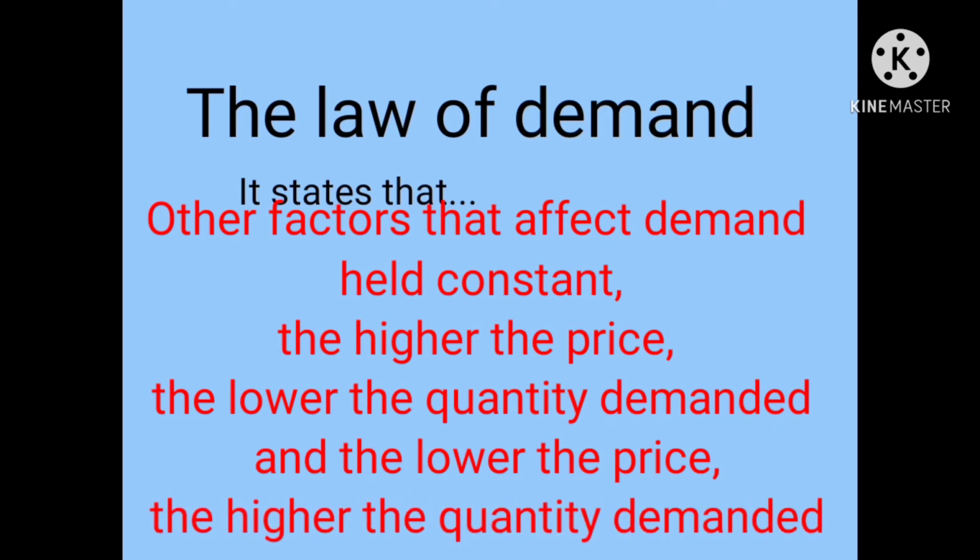And the lower the price, the higher the quantity demanded. So here we are basically saying that there is an inverse relationship between price and quantity of the commodity in question. As the price increases, quantity demanded reduces. As the price reduces, quantity demanded increases. This is what we are saying as the law of demand.